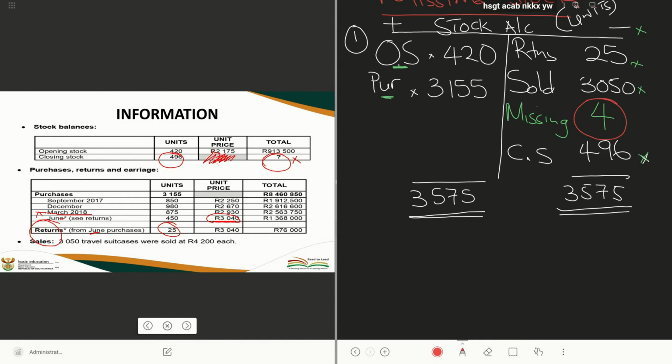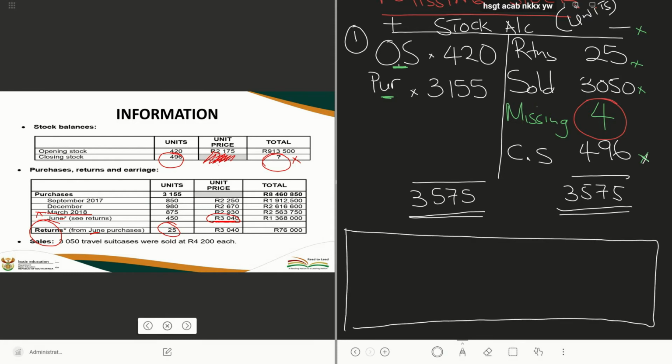Here's another way. Remember, in your exam, the examiner will give you a box. And then it has to do now with how you understand the question. You can either draw this T account in this particular box, or you can simply do this calculation, which I'm going to show you now. It simply means you now say, how many units was I having at the beginning?